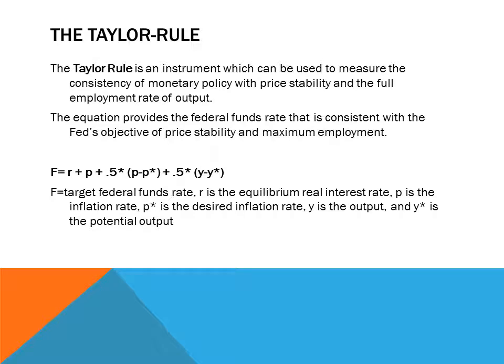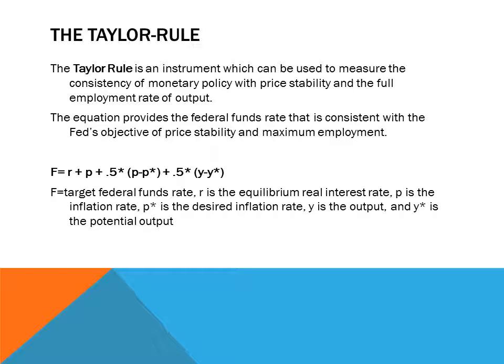Finally, we need to take a look at the Taylor rule. The Taylor rule is an instrument which can be used to measure the consistency of monetary policy with the two objectives of price stability and full employment rate of output. The equation provides the federal funds rate that is consistent with the Fed's objective of price stability and maximum employment.